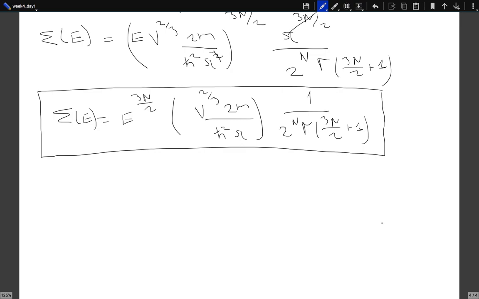Well, now we need omega. But we already said that omega is just the derivative of sigma with respect to E multiplied by this uncertainty in the energy of my system.